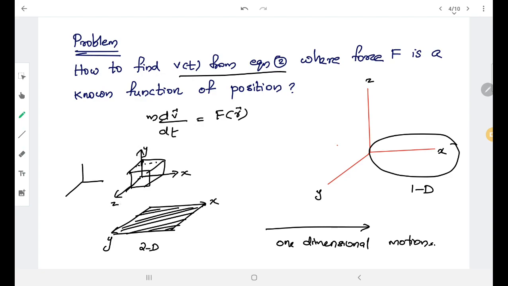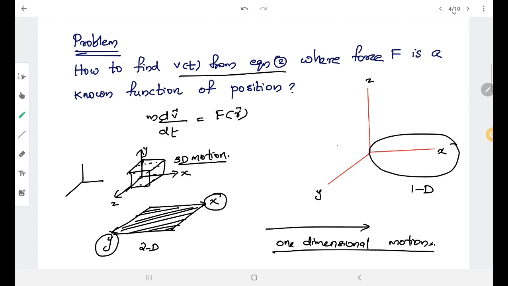So a particle moving in this cube has three-dimensional motion. A particle moving in a room can be represented using three-dimensional motion, so to represent that particle we need three coordinates, x, y and z. If a particle is moving on a blackboard, we can represent it using two coordinates x and y. That means it is a two-dimensional motion.